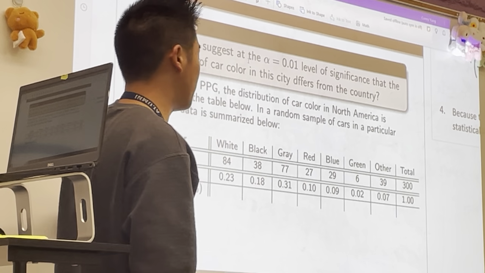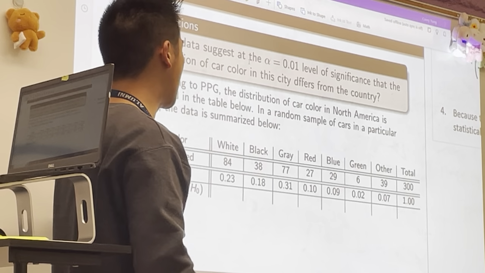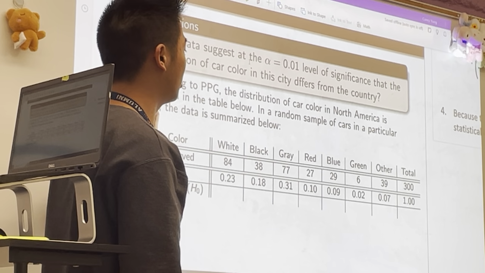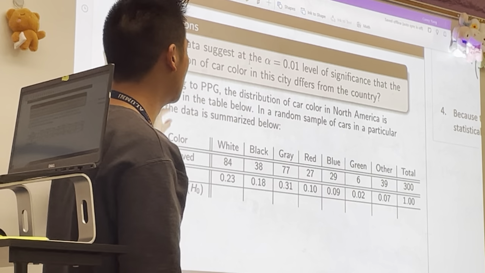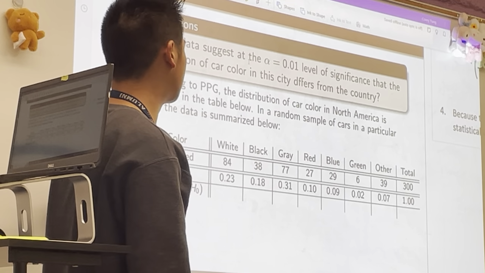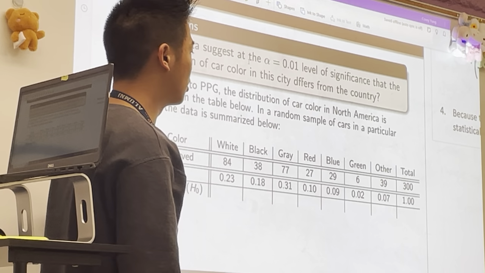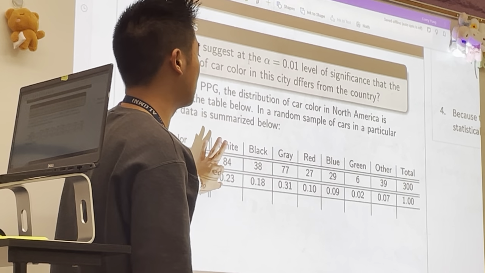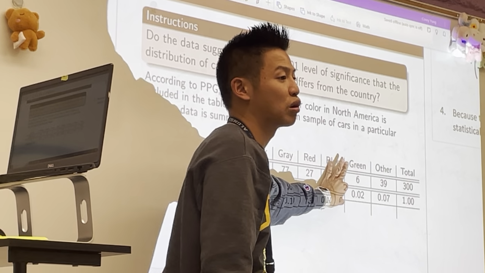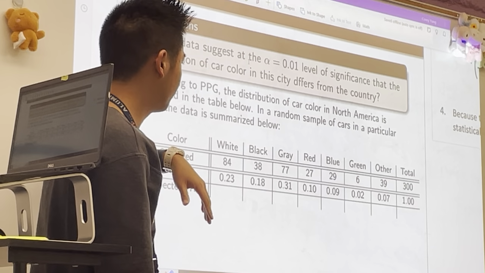This is what we're hypothesizing it to be. This is what it looks like in all of North America. And we want to see that, gathering a sample from just this one city, does the city's distribution of car colors fit the nation's distribution of car colors? So notice that you're not always going to get equal probabilities like the one we had a moment ago. Okay?